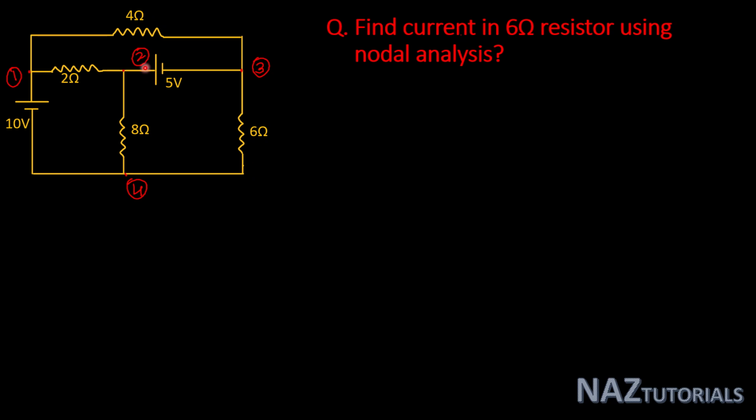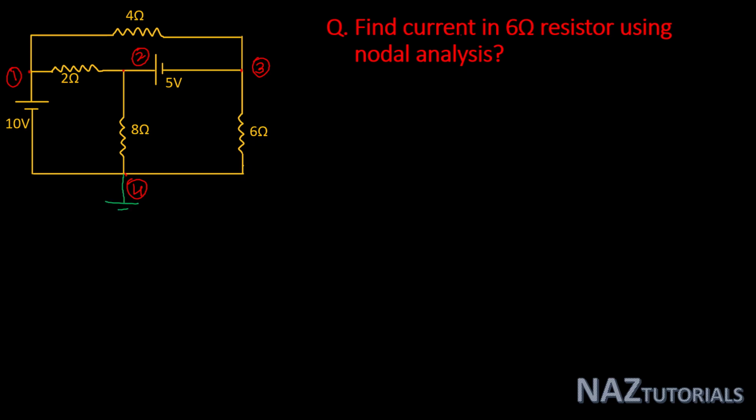Then if we select either node 2 or node 3, any one node as the reference node, say you select 3 as the reference node, then node 2 voltage we can define by this 5 volt, and node 1 and node 4 become a supernode for this circuit. So here, select any one node as a reference node.